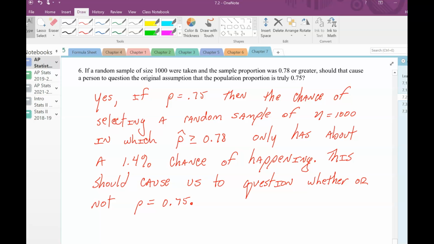That doesn't mean that it can't happen, so you don't ever want to say this is impossible. It's just a very, very small chance of getting a sample with that proportion of success in it. So this would cause us to question the basis of the normal distribution that we used to make these calculations. And that brings us to the end of 7.2.